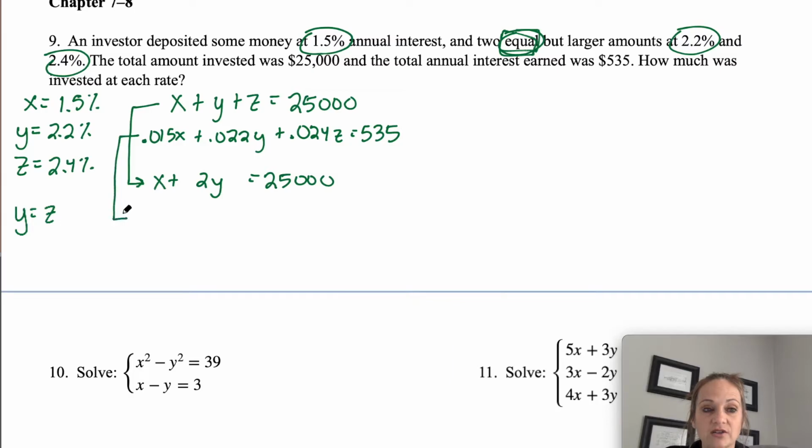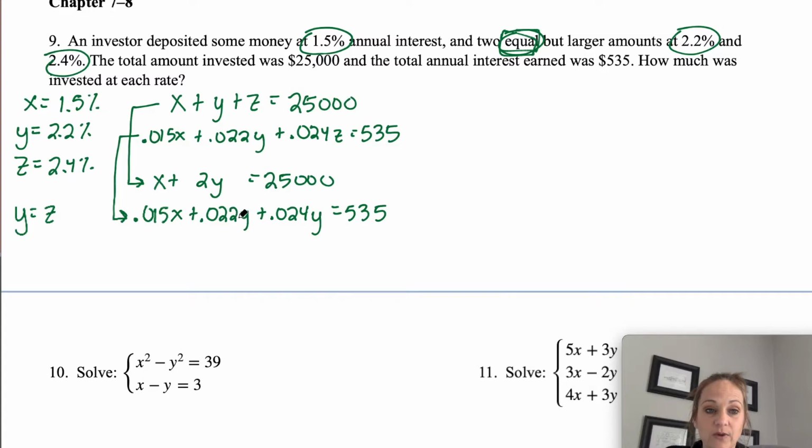Now, I also know we talked about that y and z are the same amount. So it'd be 0.015x plus 0.022y plus 0.024y, since they do equal each other, equals 535.